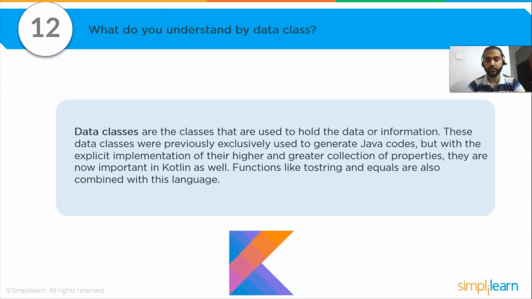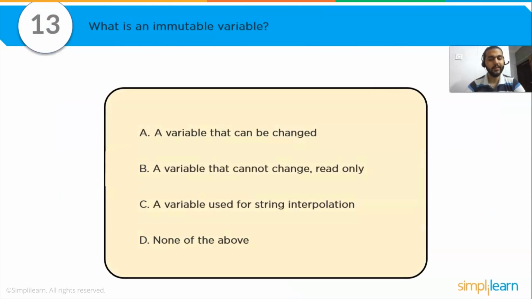Now, moving on to the 13th question, which is immutable variable. This is a multiple choice question, and the options are A, a variable that can be changed, B, a variable that cannot change, that is read only, C, a variable used for string interpolation, D, none of the above.